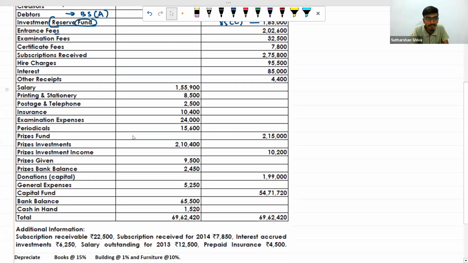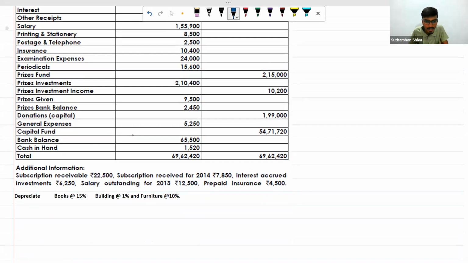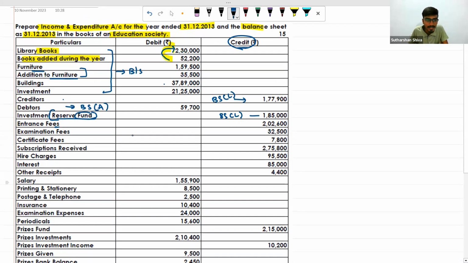Is there any information available? We'll check. No, none of the information is available. Here, when the question remains silent, it should get capitalized. If it is capitalized, what do I need to do? I need to add it to my capital fund.